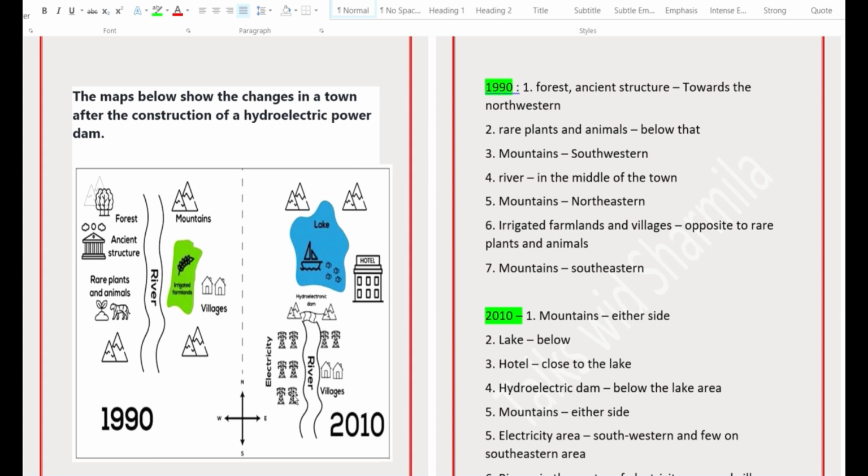The most important factor of a map question is that you are supposed to write everything which is given in the question. Now, moving on to the map of 2010.